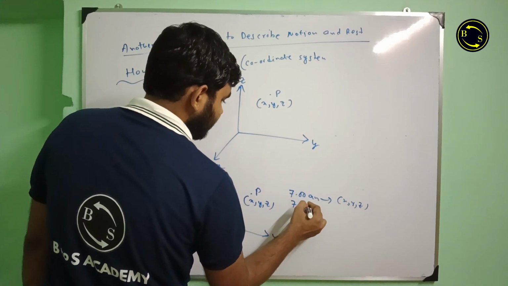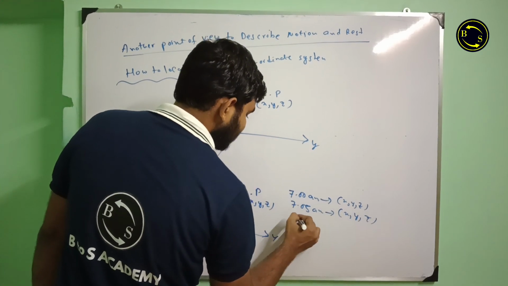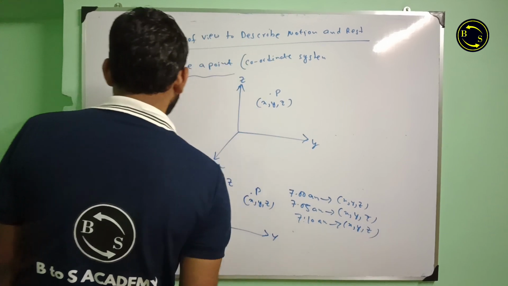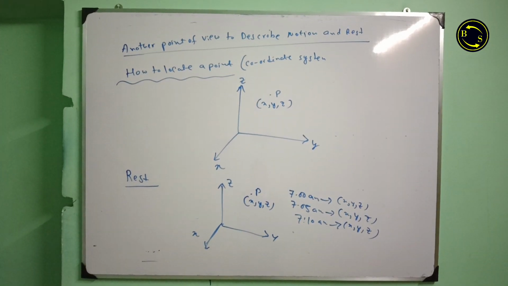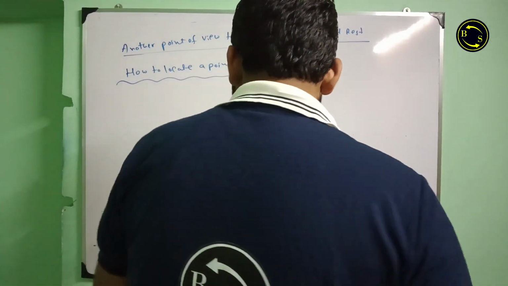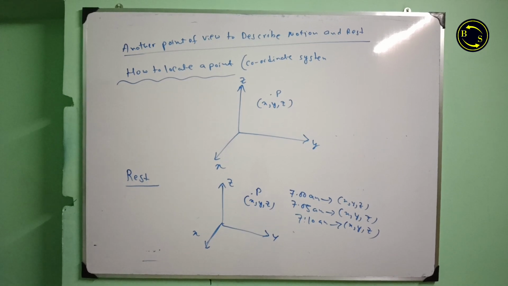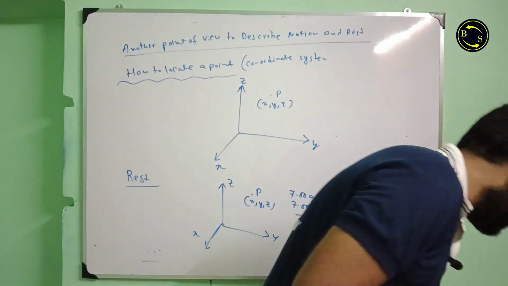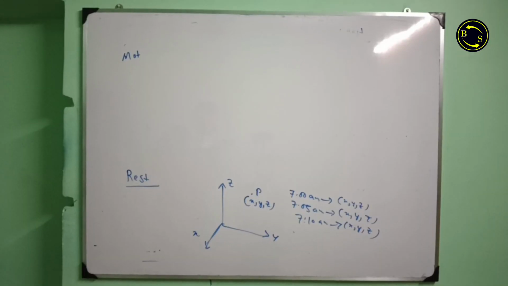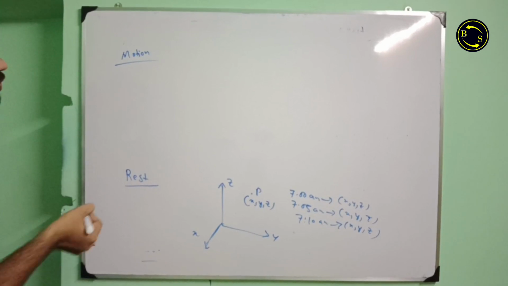When it is 7:05 a.m., it is also at XYZ position. When it is 7:10 a.m., it is also at XYZ position. Then with changing time, P doesn't change its coordinate. So we can call it is at rest. Okay. If our body does not change its coordinate with respect to time, then we can say it is at rest.